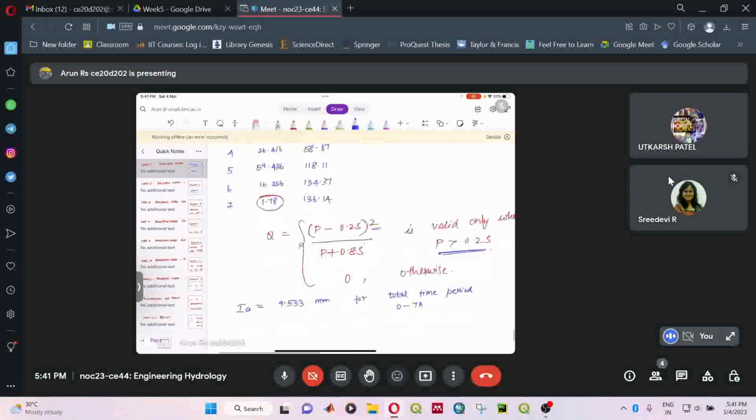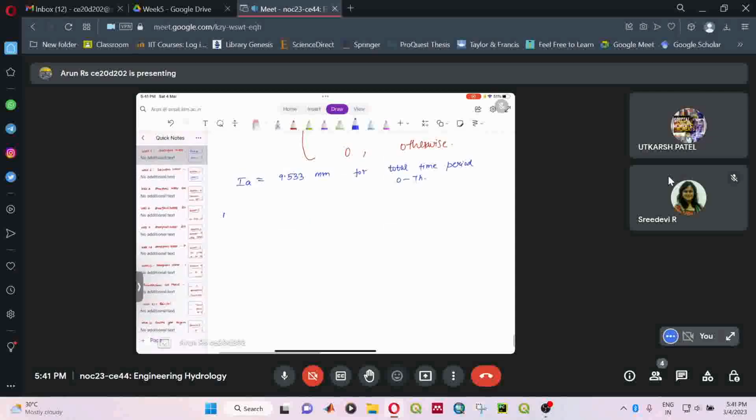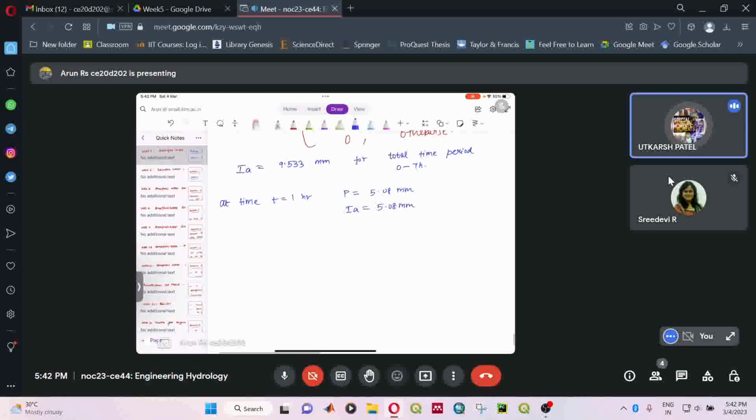So at time t equal to 1 hour, your rainfall is 5.08 mm. So what will be your initial abstraction at the first hour? 5.08 mm.